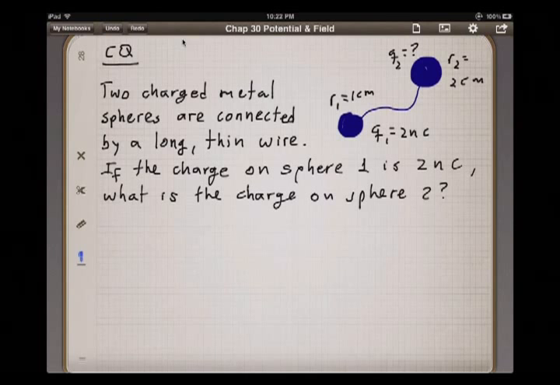We're going to use the ideas we have already discussed for a conductor to solve this problem. Both the spheres and the wires are conductors, and once they're connected, they form a single conductor. For a conductor, no matter what shape it has, the potential everywhere on that conductor is a constant number.